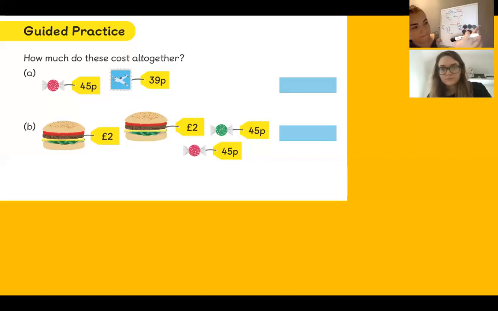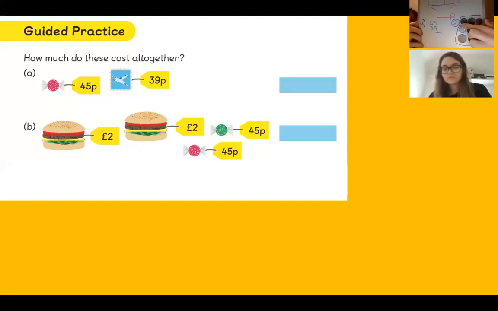Miss Fen has got her money here ready. So we've got the 45p at the top and I'm just going to draw a box around so you can see. So this is 45p and this here is 39p. So we're going to add our money up together. I'm hoping you can see that.